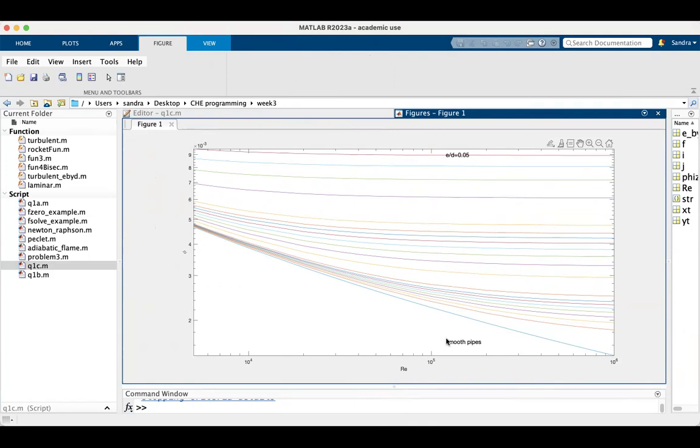This is a nested for loop. The outer loop is for an e by D value, and for each e by D value, you change the range of the Reynolds number and you get the friction factor. From the friction factor, you get the phi. And you plot phi versus the Reynolds number for different e by D in a log-log plot. Is this clear? Any doubts?